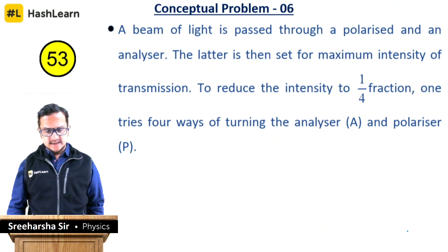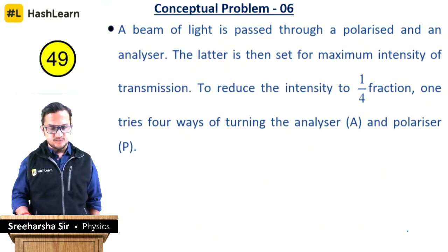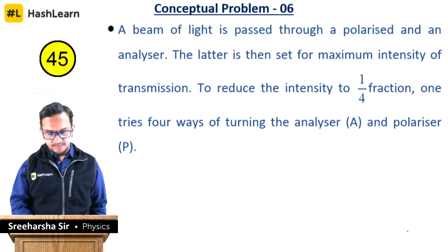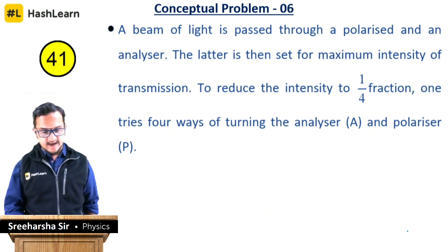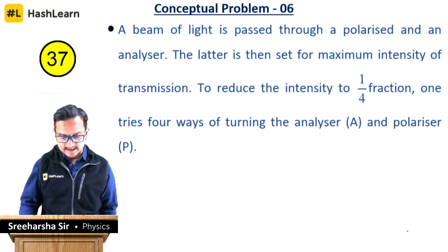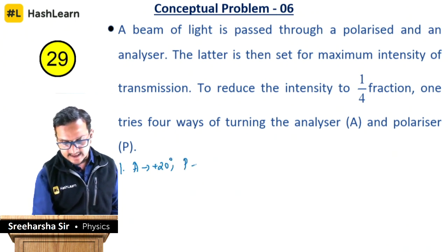A beam of light is passed through a polarizer and an analyzer. The latter is set for the maximum intensity due to transmission, and to reduce the intensity to 1/4 of the fraction, one tries four ways of turning the analyzer and the polarizer. The first option is analyzer by plus 20 degrees and polarizer by minus 40 degrees.